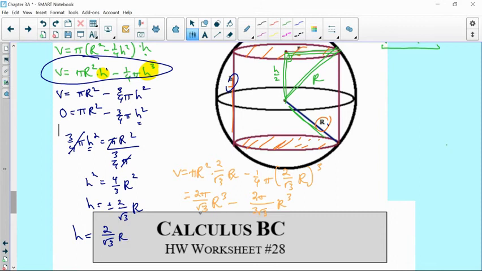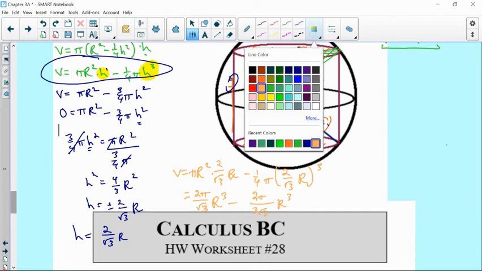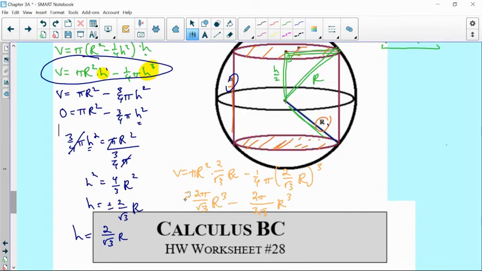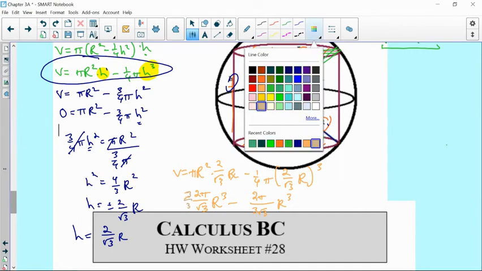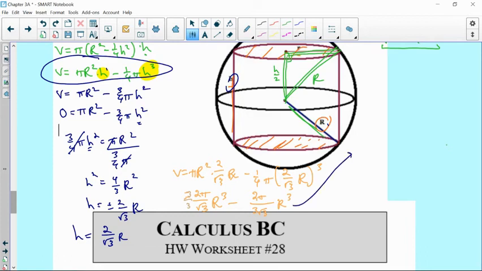Now, if I multiply this fraction by 3 over 3, I'll get a common denominator. So now I have 6 pi over 3 root 3 R cubed minus 2 pi over 3 root 3 R cubed.